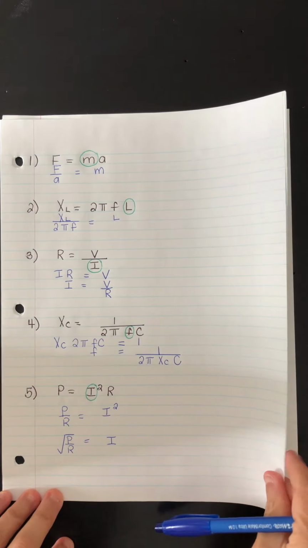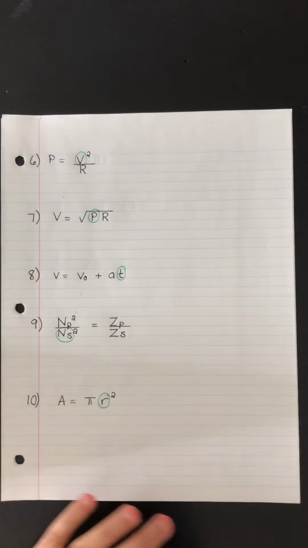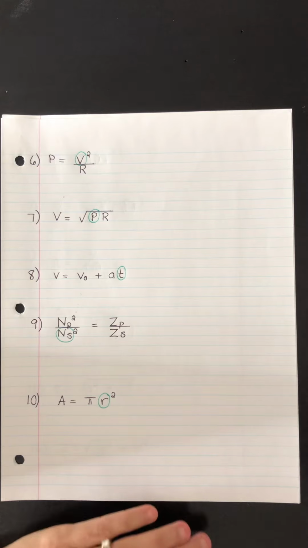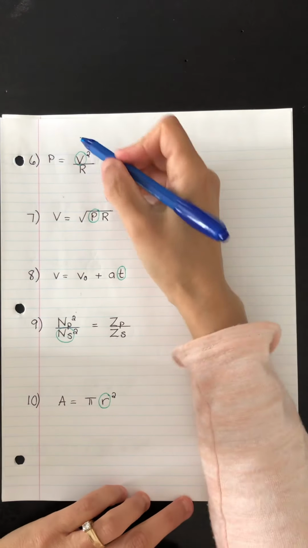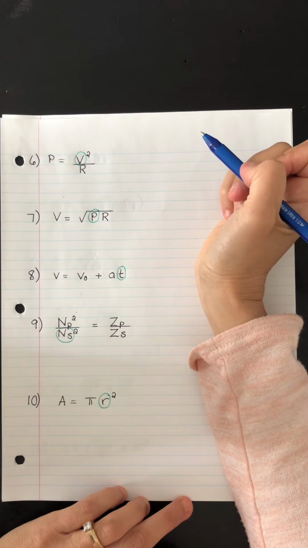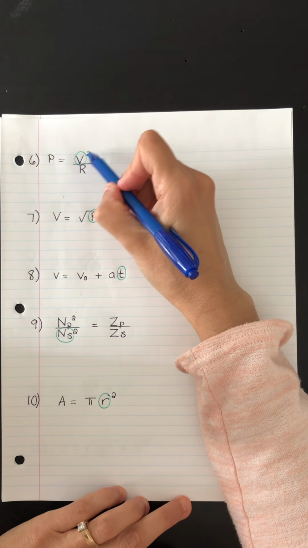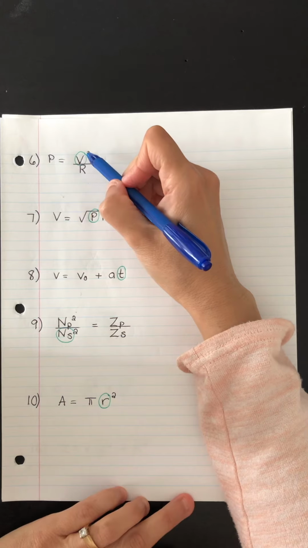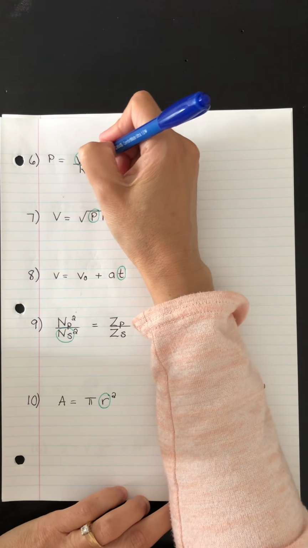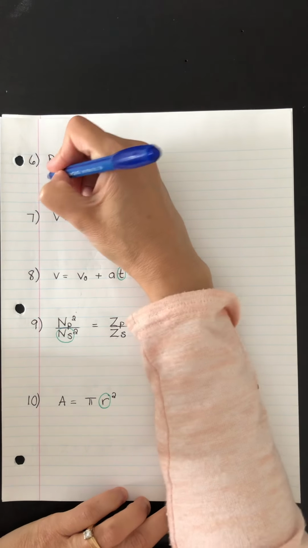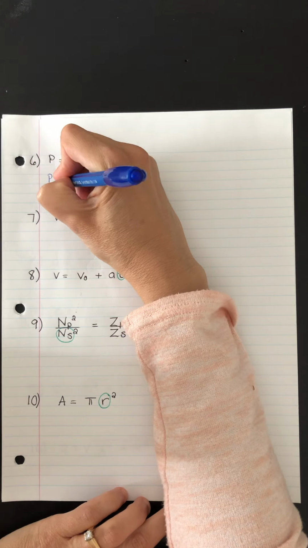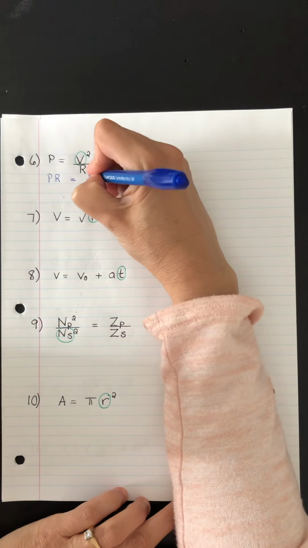Okay, let's continue. Number 6 is similar. Okay, we want a formula for V, the voltage. So we begin by isolating V squared. Instead of division by R, this will look like multiplication by R on the other side.